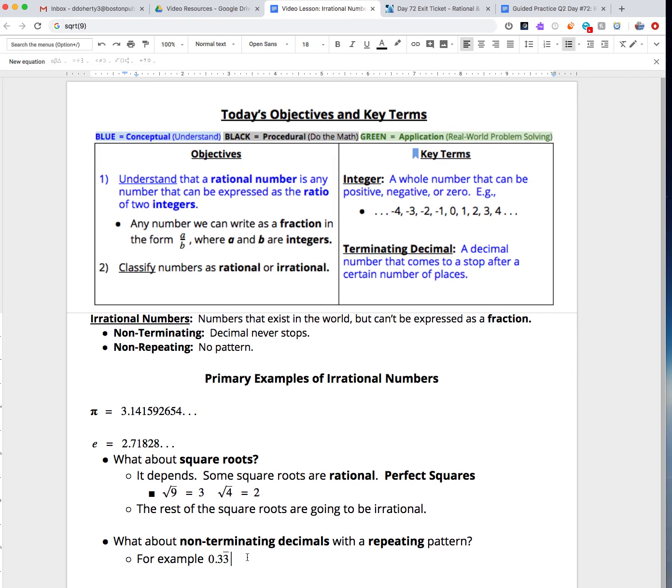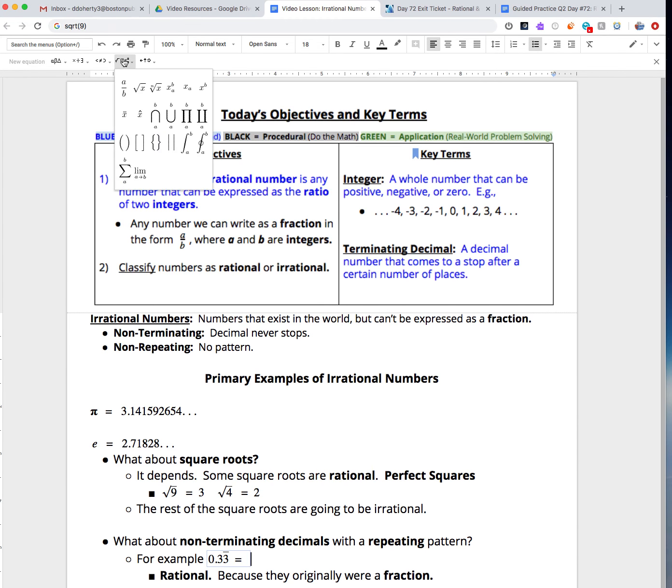Hopefully you realize that these numbers are going to be rational. As complicated as they are, any repeating decimal actually comes from a fraction. So they're rational because they originally were a fraction. The primary example here, 0.333 repeating, just comes from the fraction 1 over 3.